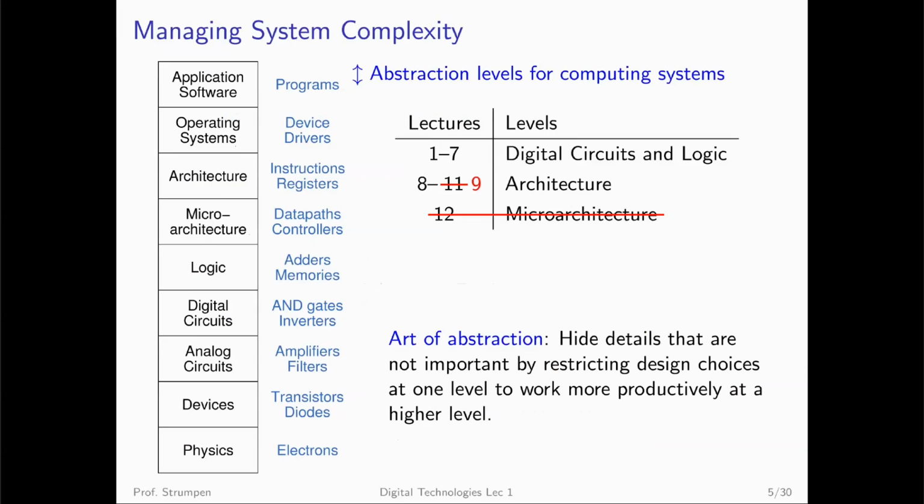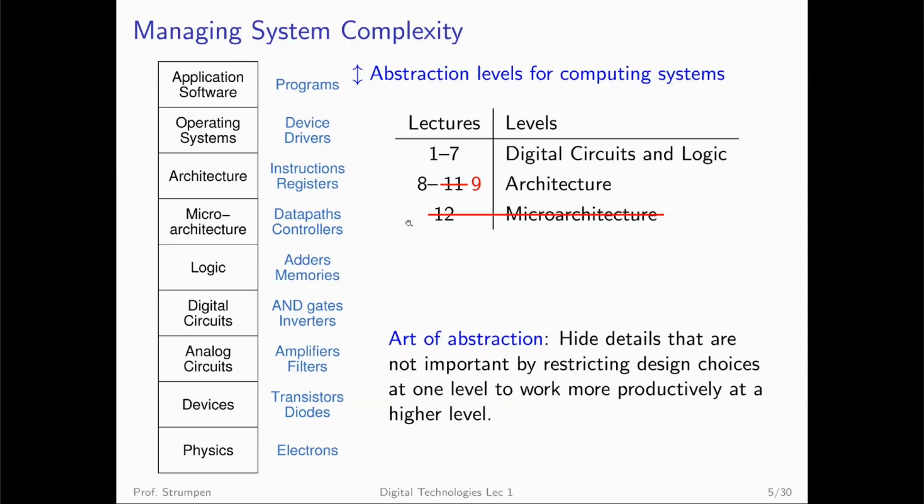Okay, so in this class, the first 7 lectures, we essentially cover 2 levels. The digital circuits level, where we talk about gates, like AND gates and inverters, and the logic level that uses gates to implement logic blocks like adders or memory.